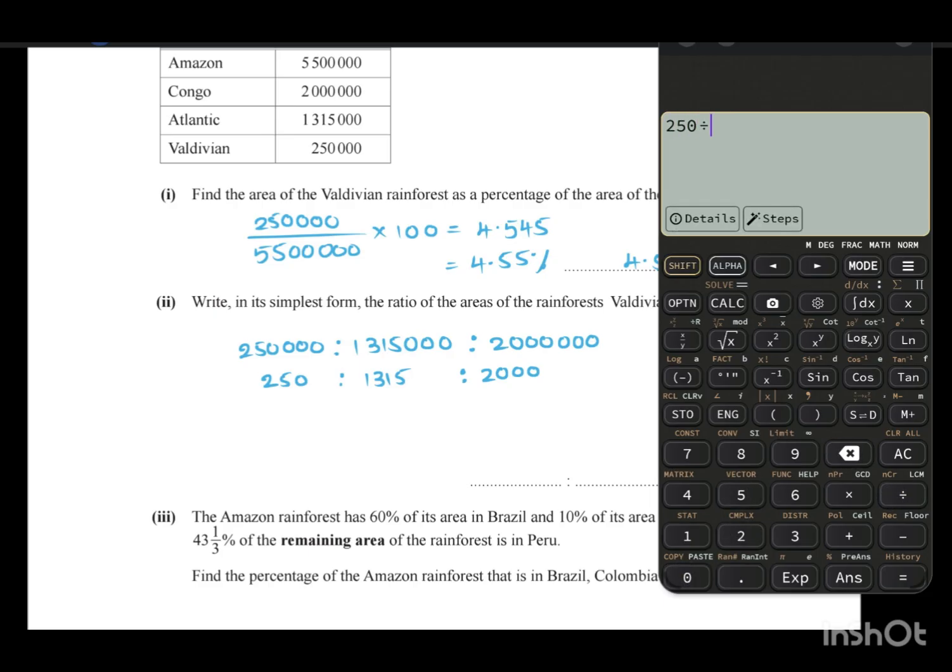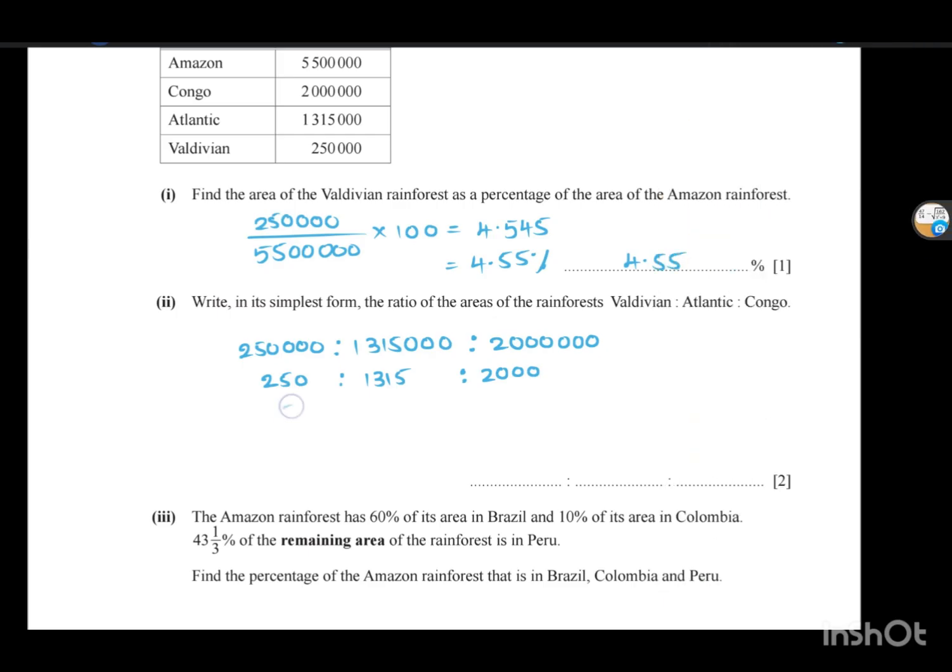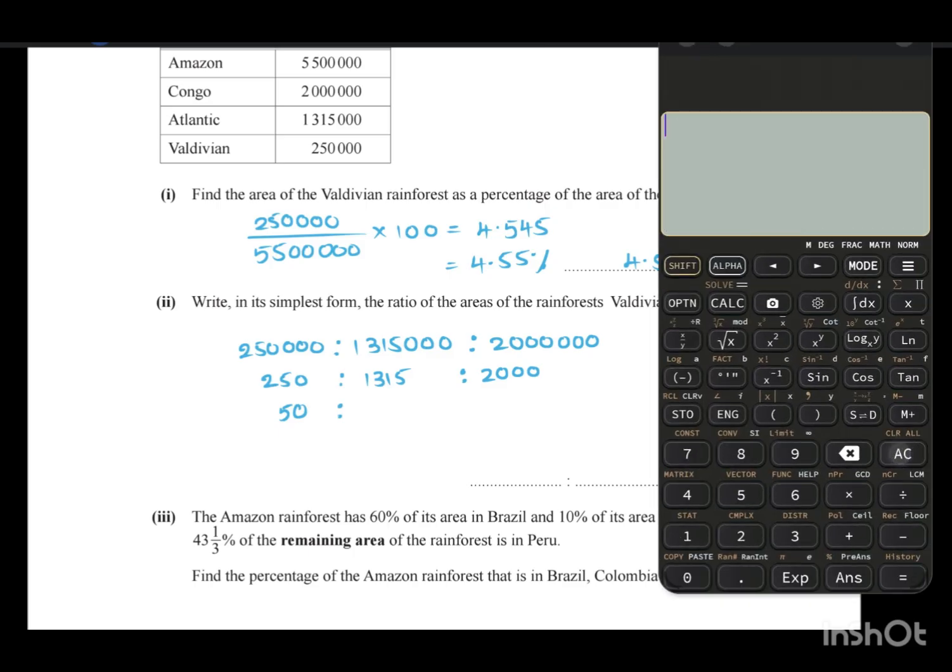There is 5 or 0, so we have to take 5. So 250 by 5 is 50. Then 1,315 divided by 5 is 263. 2000 divided by 5 is 400.